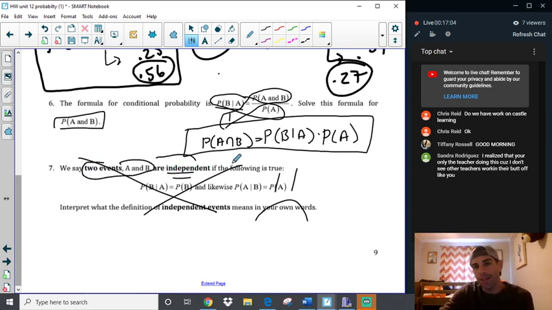So just think about what it means to be independent. If you're independent, then one is not affecting the other. So the probability of B given A is the probability of B. The probability of A given B is the probability of A. A doesn't affect what's going to happen to B and vice versa. That's what it means to be independent.